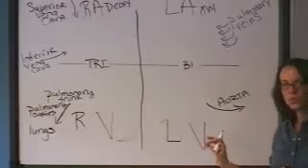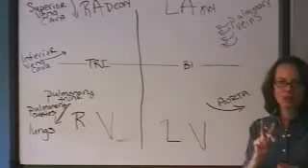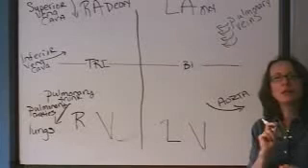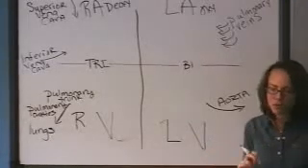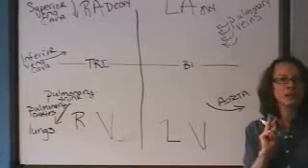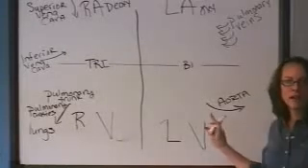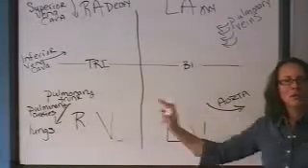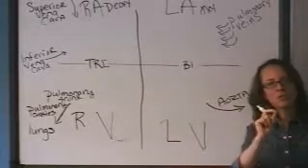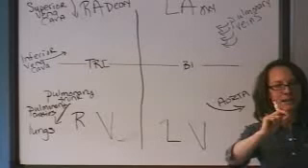Okay. Now, the final two valves that we need to talk about are called semilunar valves, okay? Semilunar valves are going to be two valves, one found in the aorta, one found in the pulmonary trunk. They're called semilunar because they look like little half moons when you dissect them out.